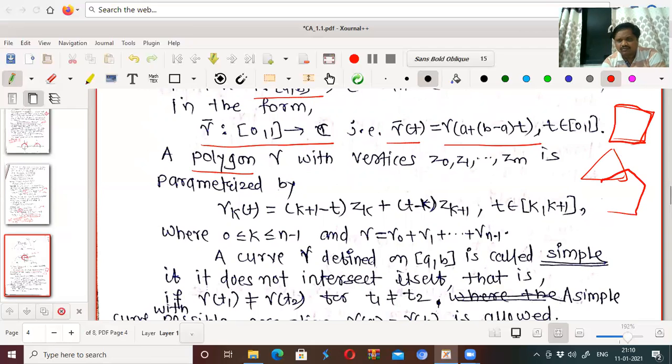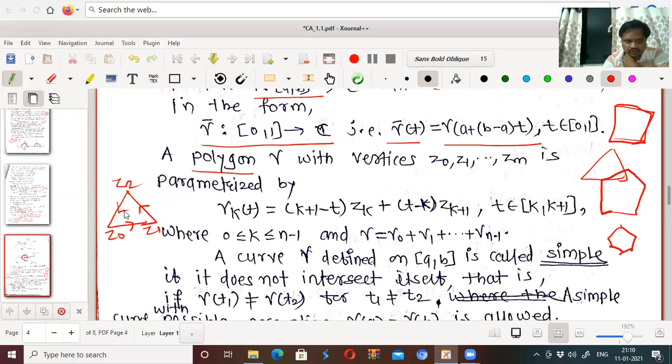This is a polygon with 5 sides. This is a polygon with 6 sides, and so on. For example, we want to take a polygon gamma with 3 vertices z0, z1, z2. This to this, this to this, this to this.